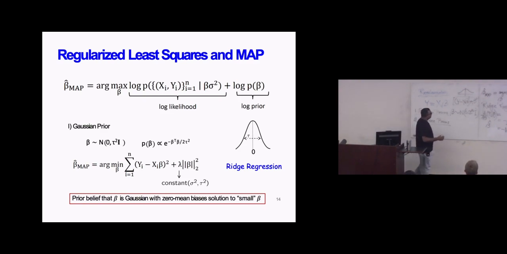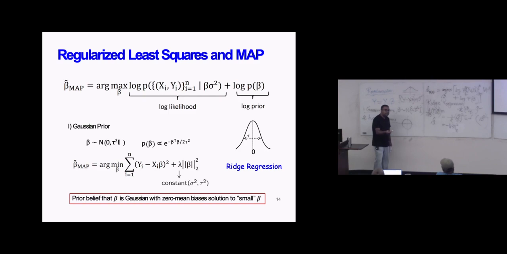Because you may want your beta to have a certain radius, the absolute value of beta, you may want it to be not larger than within a circle. When you want that, the way you enforce that is through Euclidean distance.